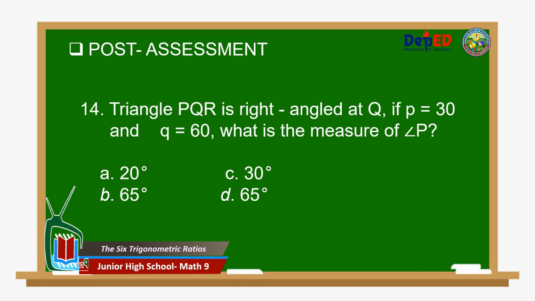Triangle PQR is right-angled at Q. If P is 30 and Q is 60, what is the measure of angle P? A. 20 degrees, B. 65 degrees, C. 30 degrees, or D. 65 degrees.